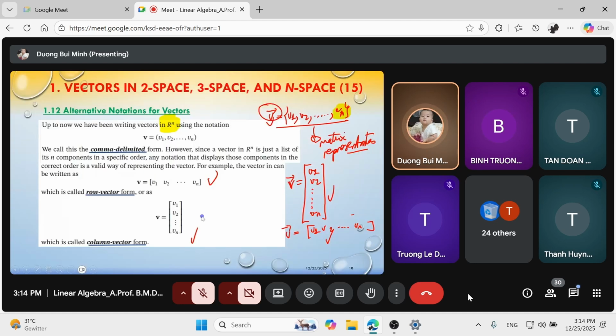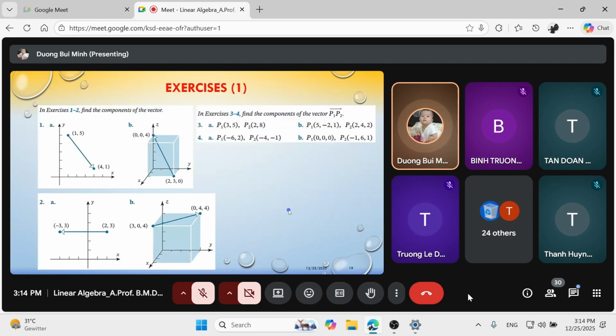I think lecture 3 part 1 is very easy, very understandable for all students. So we have an exercise, just practice. Find the components of vectors. We have point A at (1, 5) and point B at (4, 1).